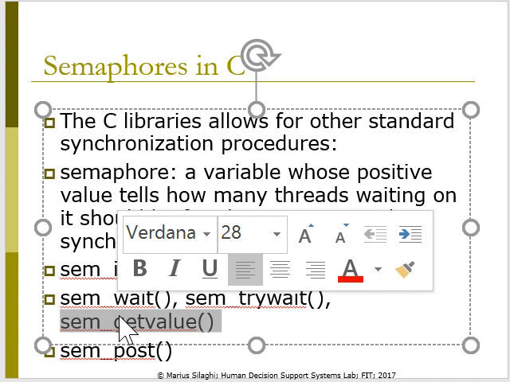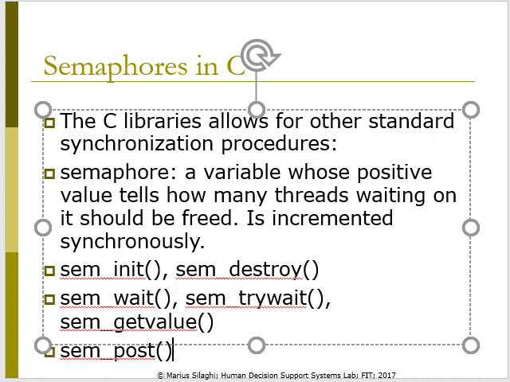And semaphore get value tells the current value of the semaphore. In order to let other threads enter the area, the thread that exits is going to call semaphore post.